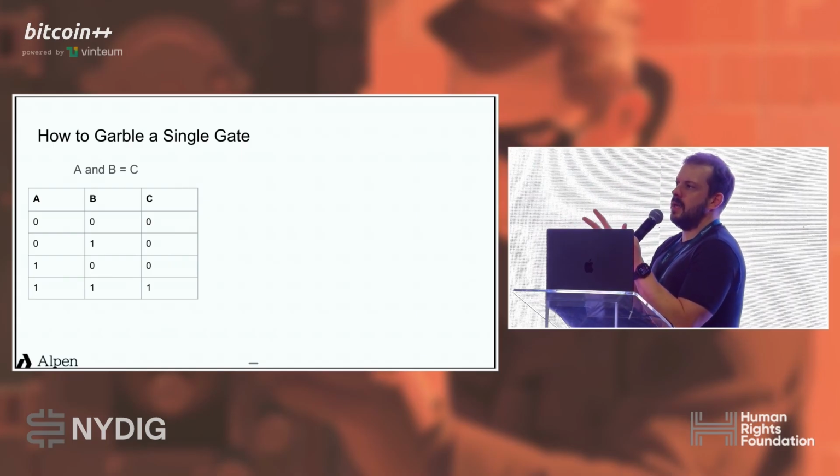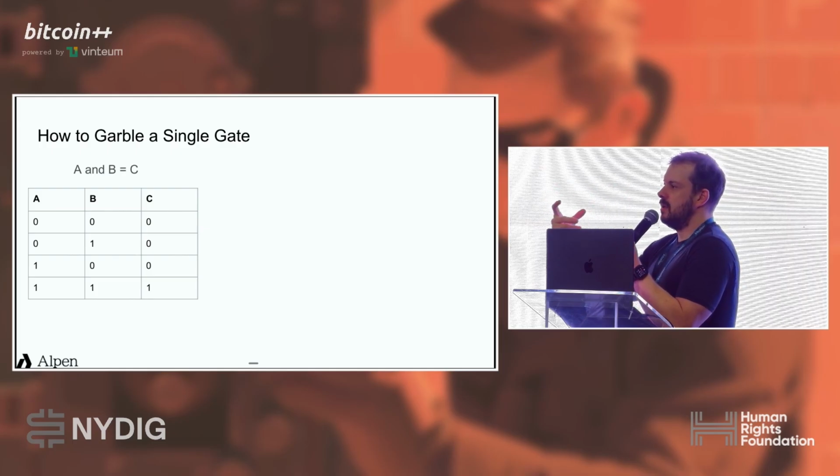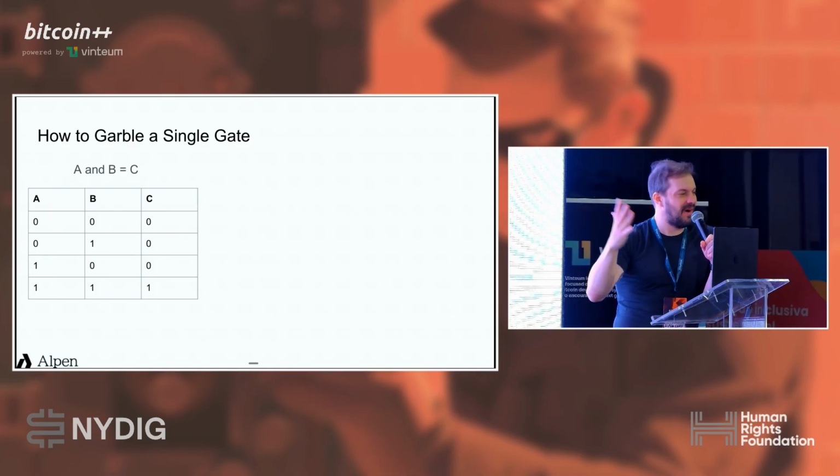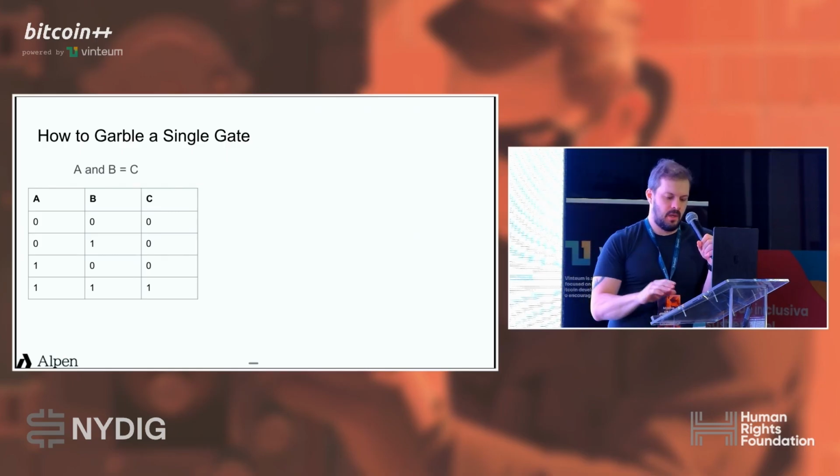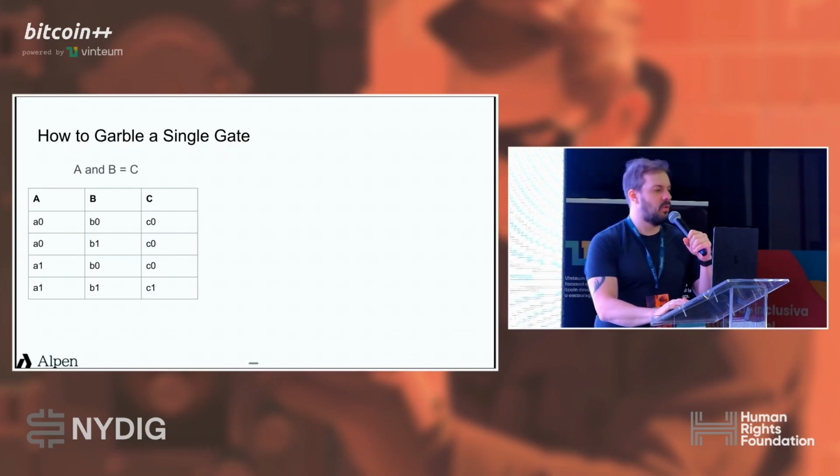The key idea here is that you can build any black box, any Turing complete bounded function, just using binary gates. Now, the idea is that you garble this.